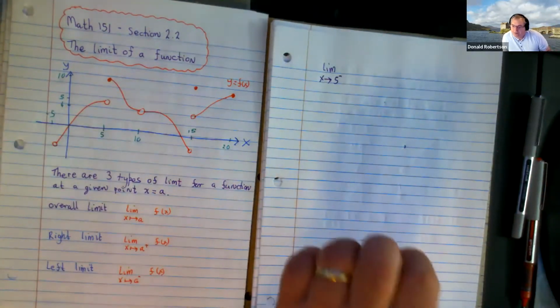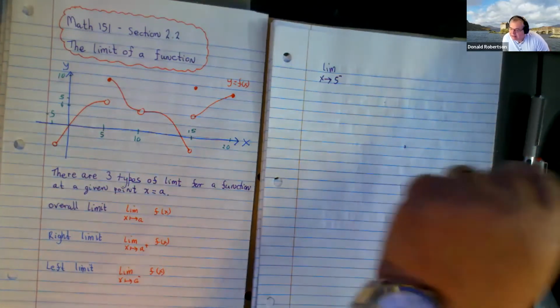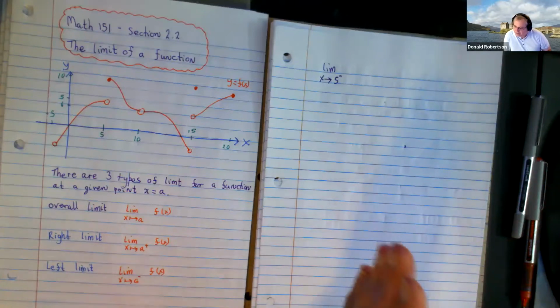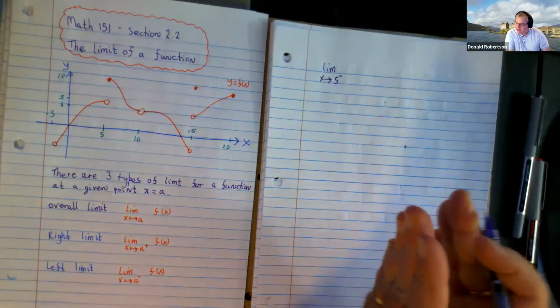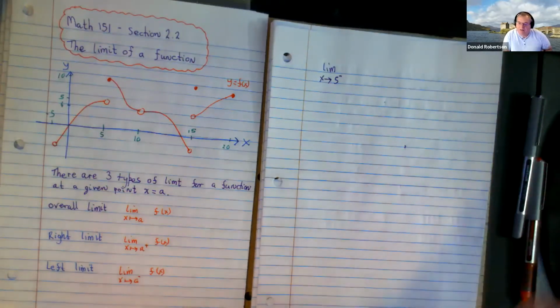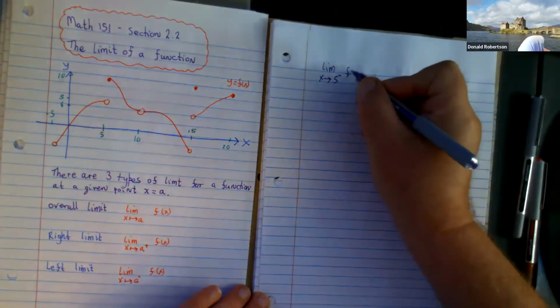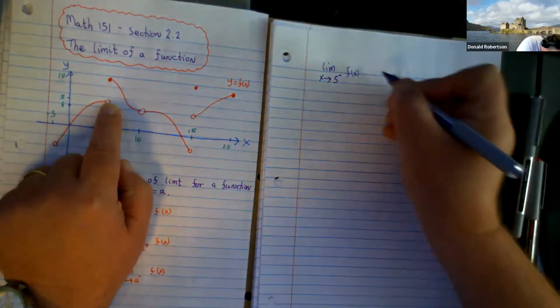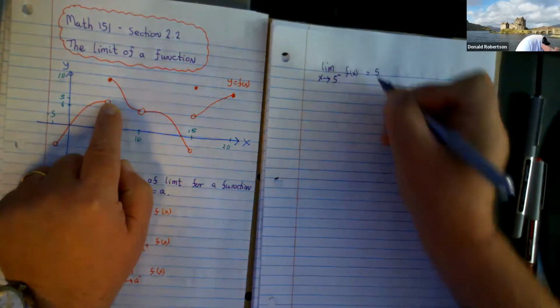Essentially, aren't you coming in from the 4.99999 side, right? As you get closer to 5, you're always doing it on the left-hand side of 5. If you were looking at this graph here, the left limit would be where my finger is, and it is 5.